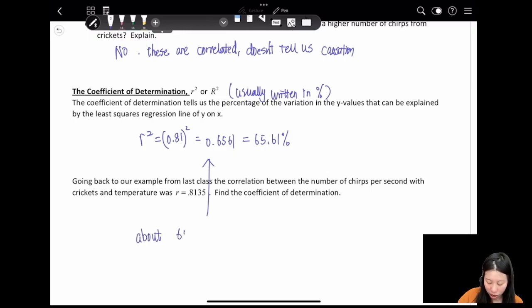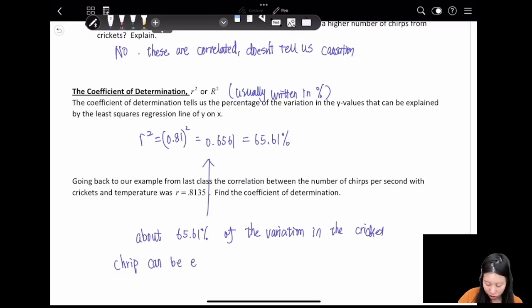So we can say, hey, about 65.61% of the variation in the cricket chirps can be explained by the temperature.